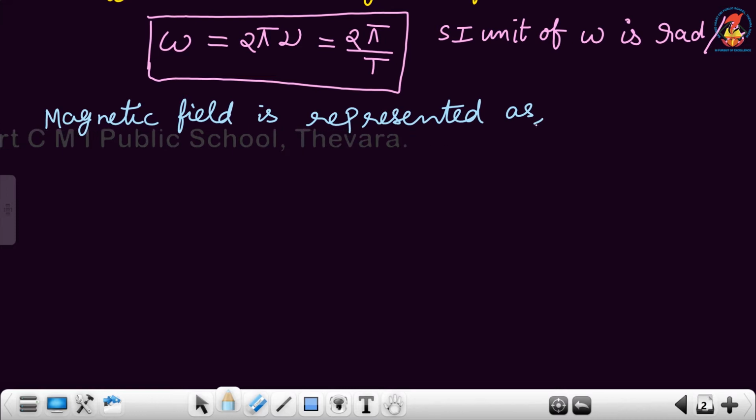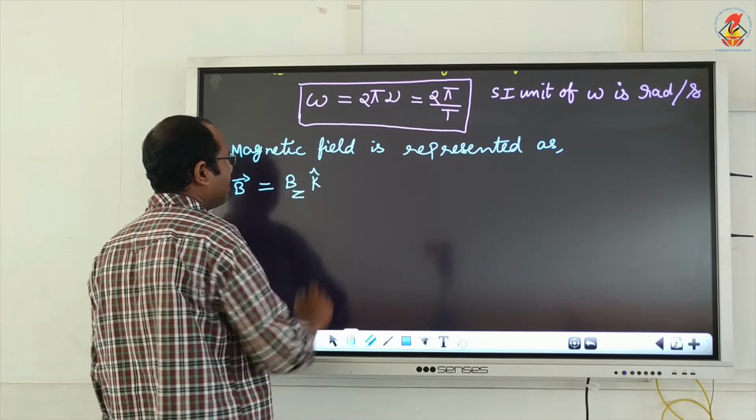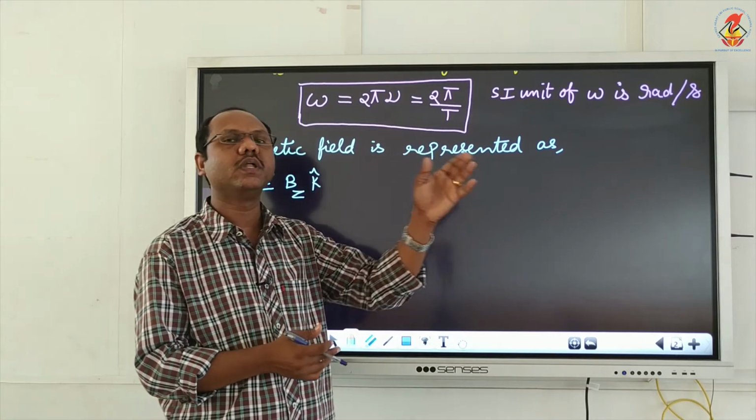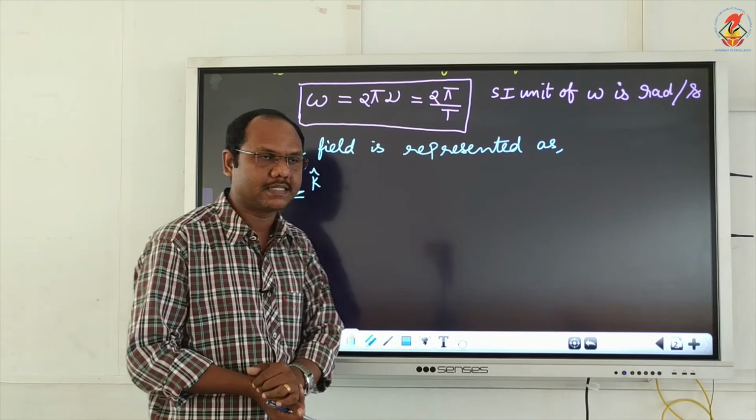The magnetic field is represented as vector B, which can be B z k cap, because the magnetic field is along the z axis and k cap is the unit vector along the z axis.